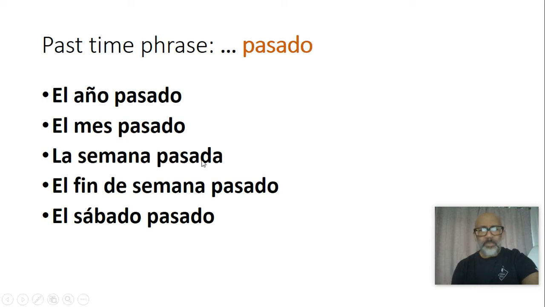So you can notice that most of them are masculine, but if it's a feminine time phrase, like last week, la semana, then pasado changes to pasada.